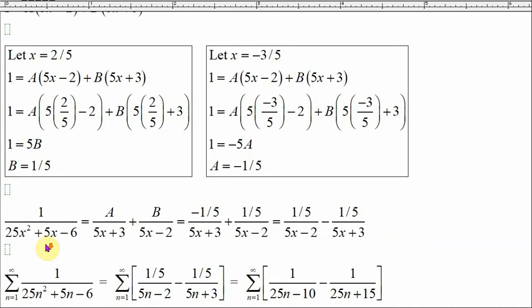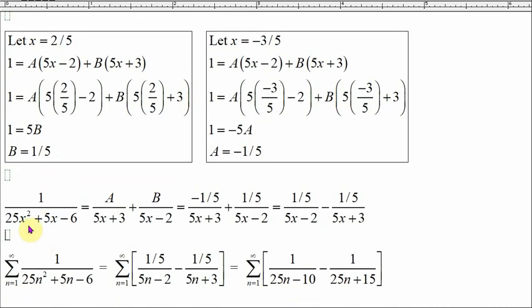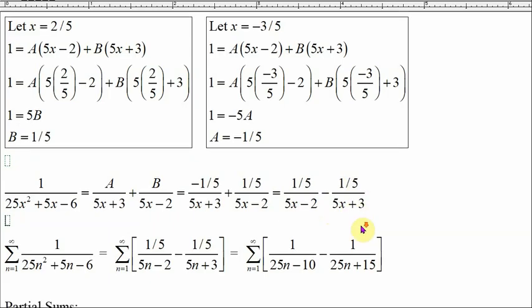And so the expression 1 over 25x squared plus 5x minus 6, we can rewrite it as negative 1/5, since A is negative 1/5, over 5x plus 3, and then plus 1/5, since B is 1/5, over 5x minus 2. And so this is the same thing as 1/5 over 5x minus 2 minus 1/5 over 5x plus 3.